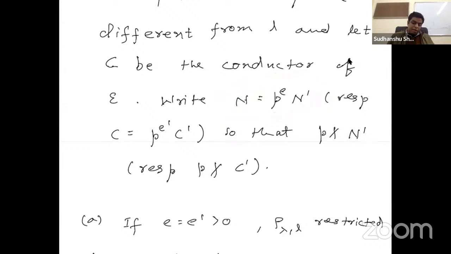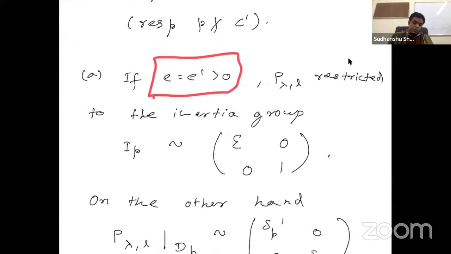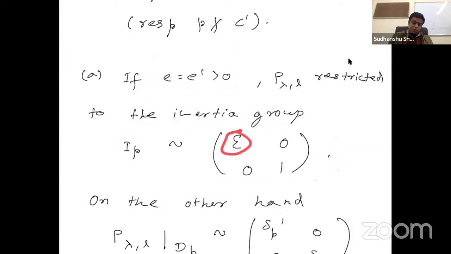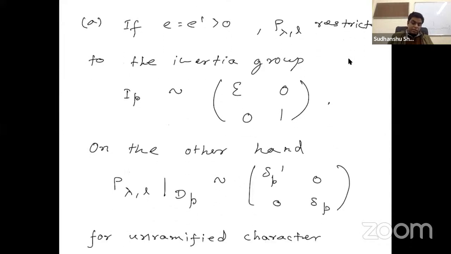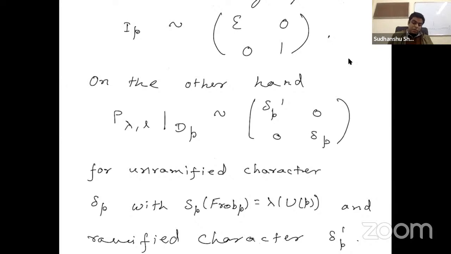If E and E' are equal, then the restriction to inertia is semi-simple. It is the direct sum of two characters, the trivial character and the nontrivial one. This is the description on inertia. If I look at the description on the decomposition subgroup, then again it is semi-simple, a direct sum of these two characters.